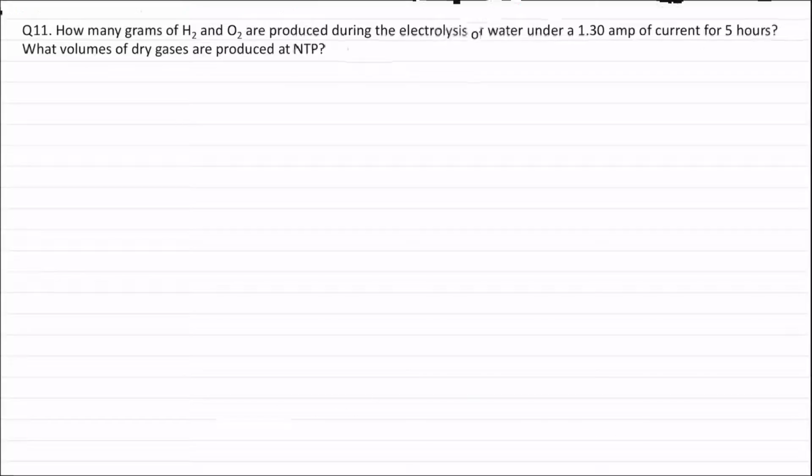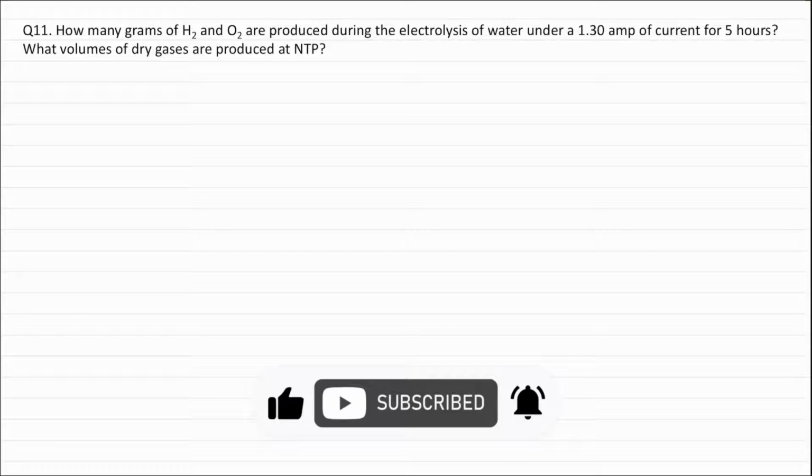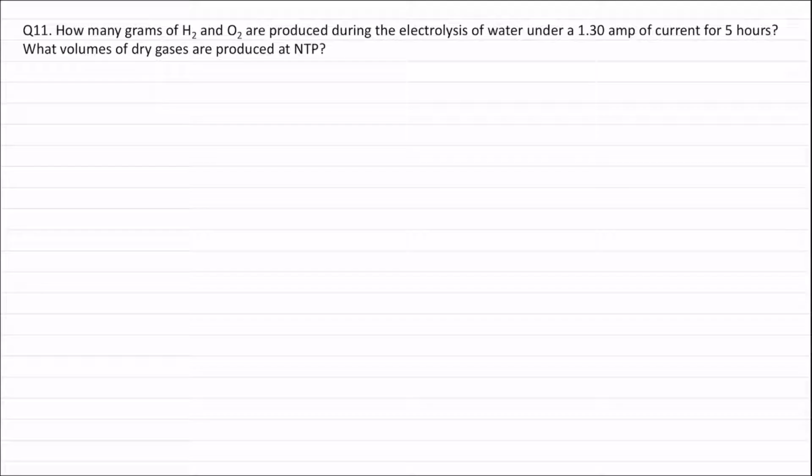Question 11. How many grams of hydrogen and oxygen are produced during the electrolysis of water under a 1.30 ampere of current for 5 hours? What volumes of dry gases are produced at NTP? The gases that are produced during electrolysis of water are hydrogen and oxygen.